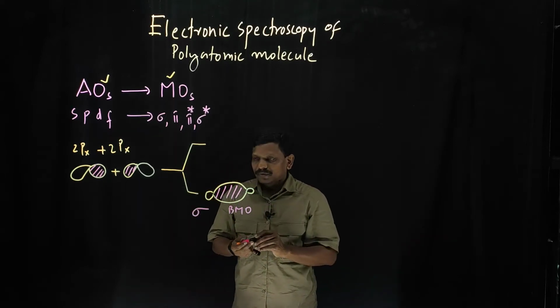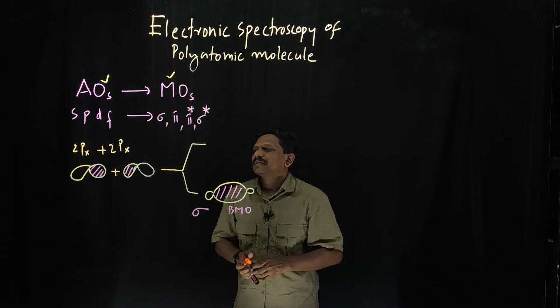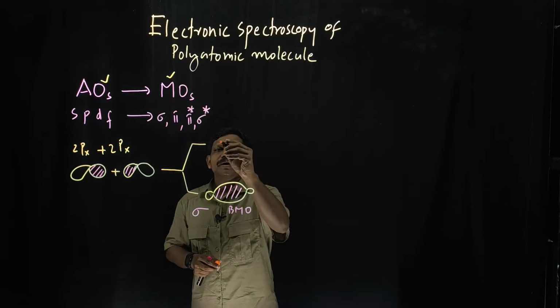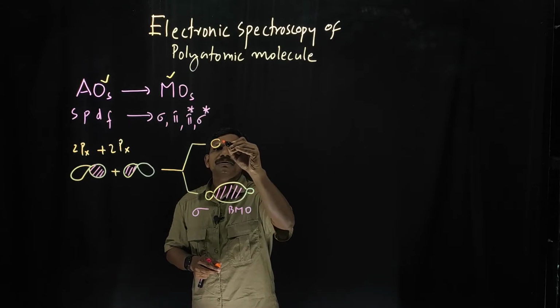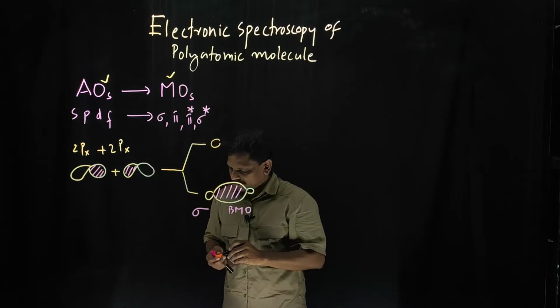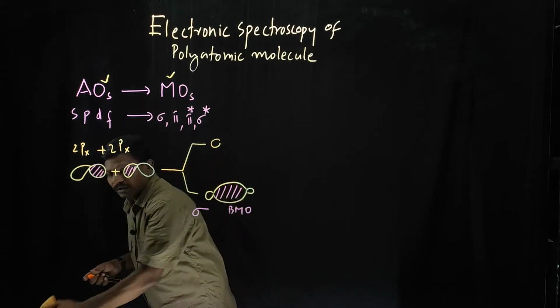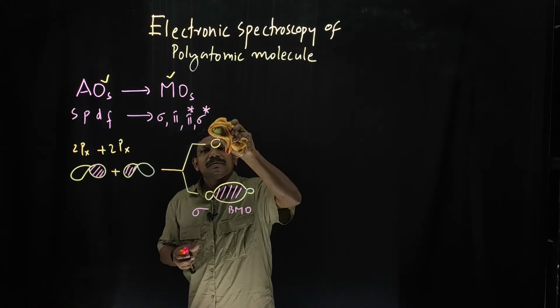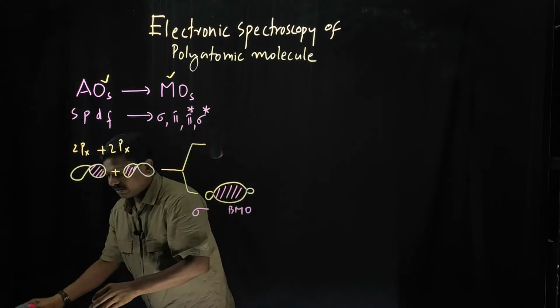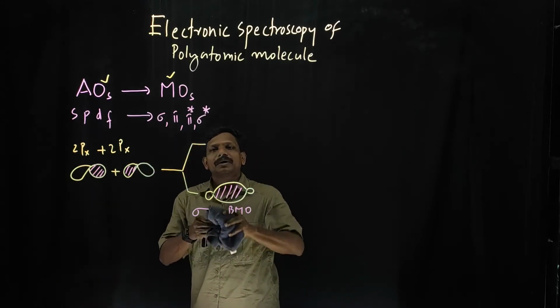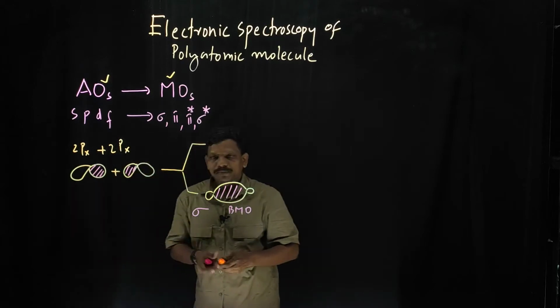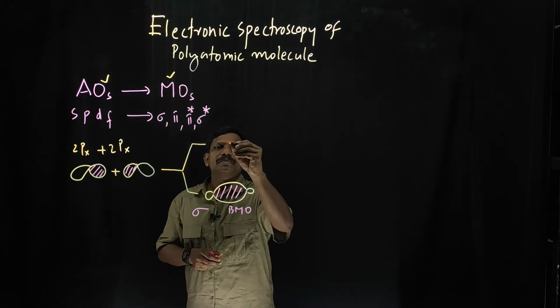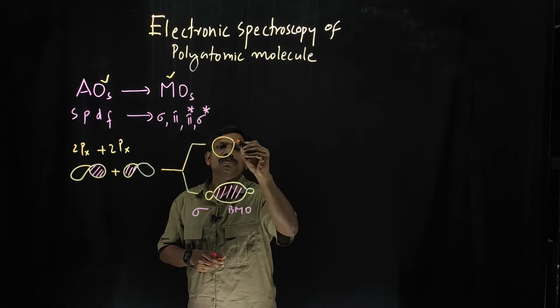The next one is the anti-bonding molecular orbital. We already drew the picture of the BMO, and next I will draw the anti-bonding molecular orbital. There is no bonding actually.